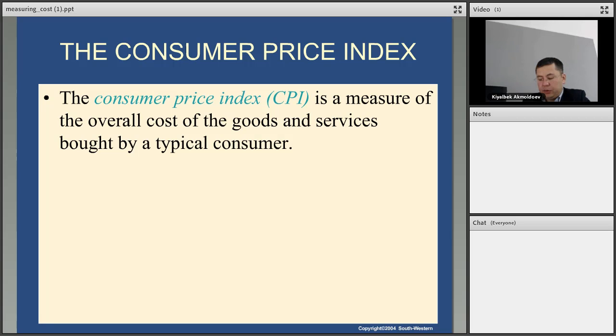This is also important. For example, if the price of, let's say, a plane increases, not plane tickets, but the plane itself, then the plane is not a consumer good. The service which companies give, taking us from one place to another, is consumed by consumers, but the plane itself is not a consumer good.